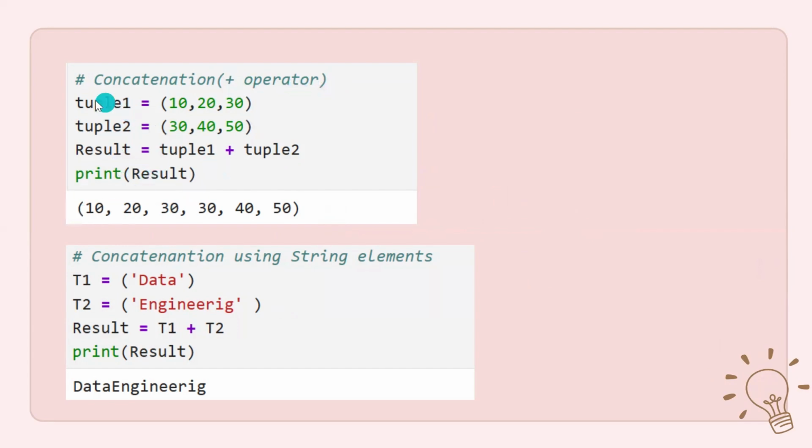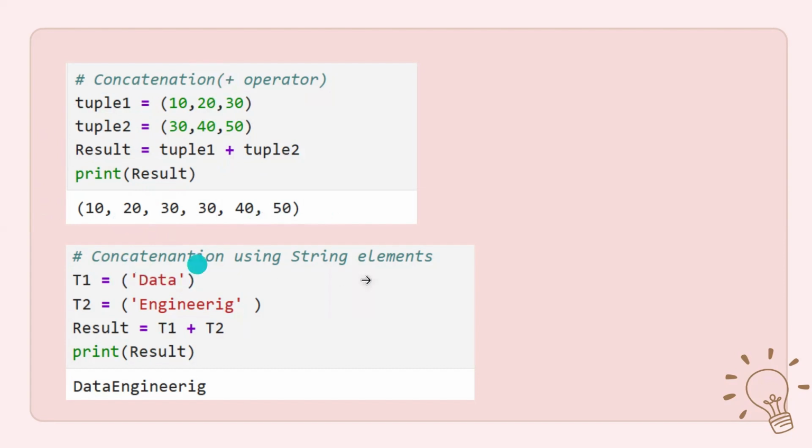So tuple 1, tuple 2, and a new result equals tuple 1 plus tuple 2. Print the result. This is the concatenation of tuple 1 and tuple 2. Here is the output of this program.